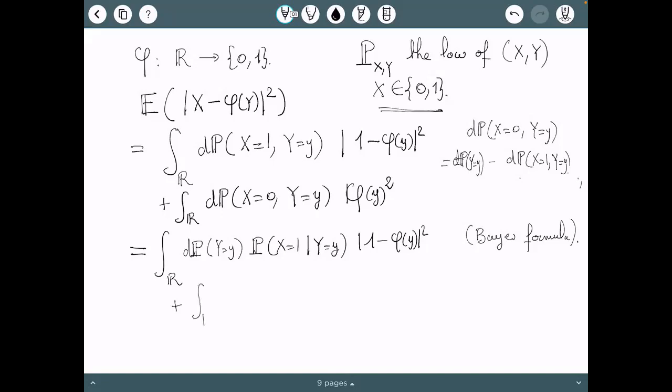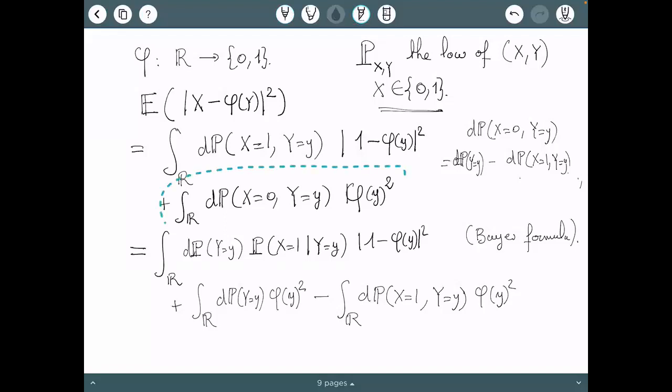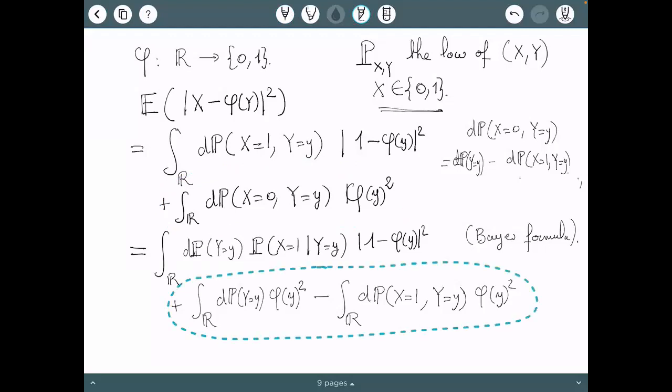So it is the integral over R of dP_Y(y) phi of y squared, plus minus the integral of dP(X equals 1, Y equals y) phi of y squared. I just rewrote this term as the following difference.